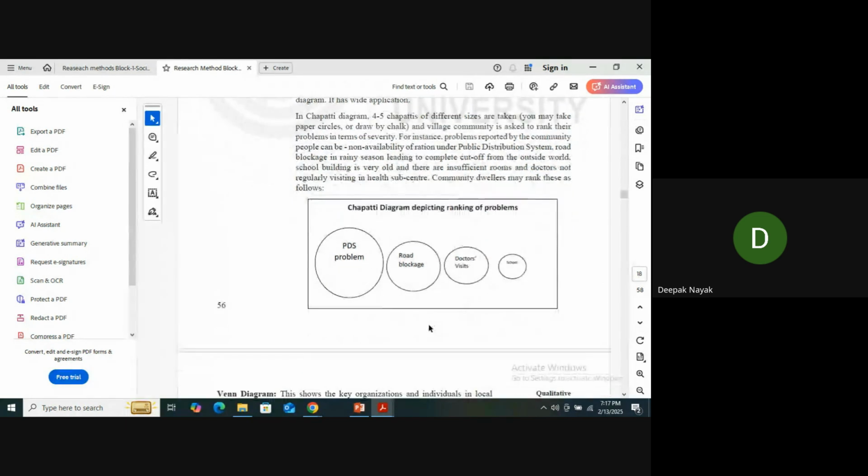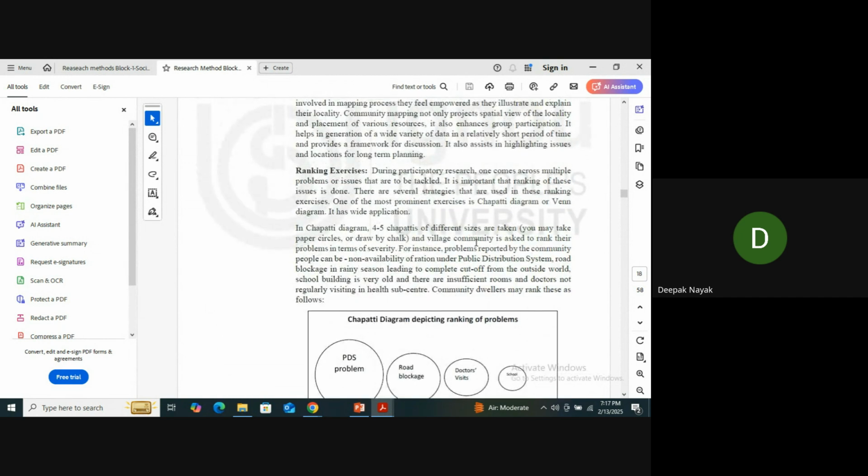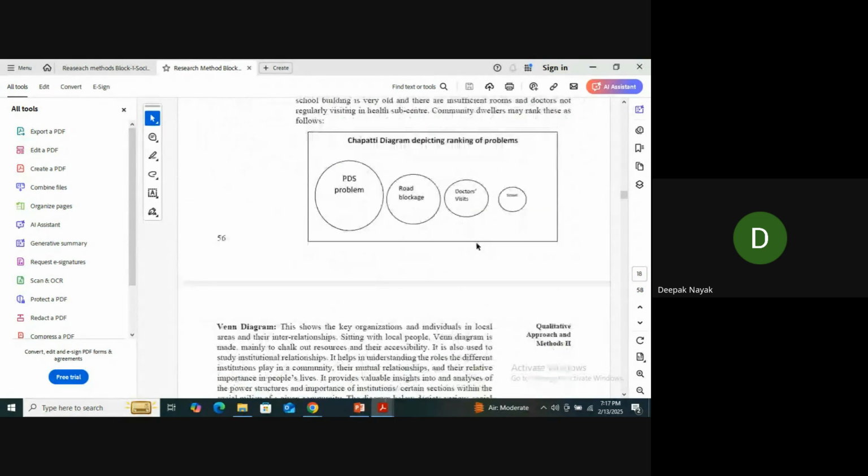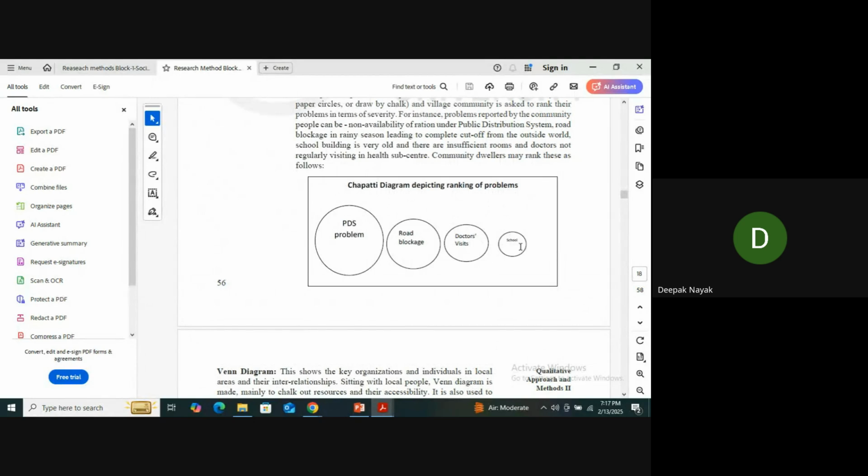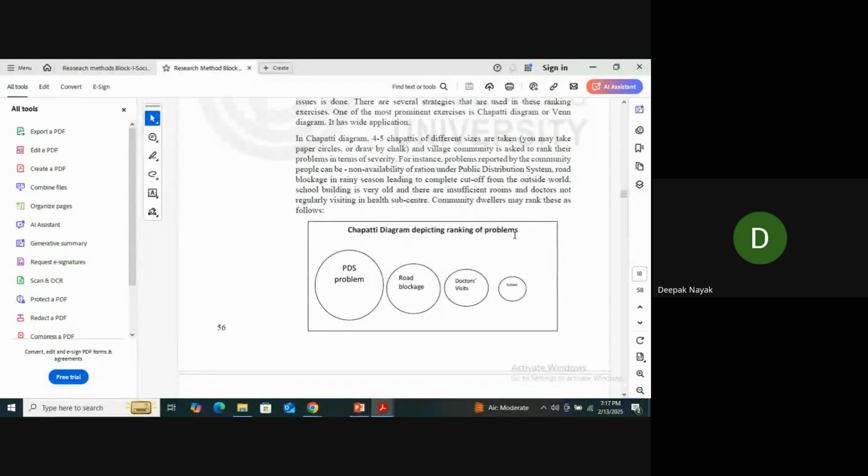You can see here a chapati diagram depicting the ranking of the problems. So which is the biggest problem in the community and which is the smallest one. So this is problem ranking. I was saying about wealth ranking. This is problem ranking. In problem ranking, they see which is the biggest problem that should be prioritized first to address.